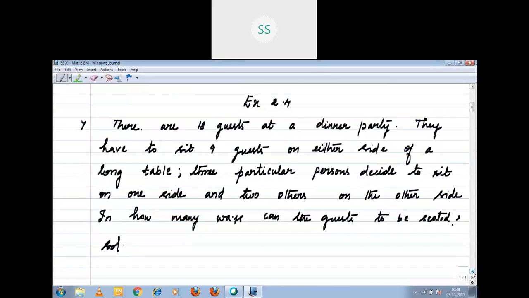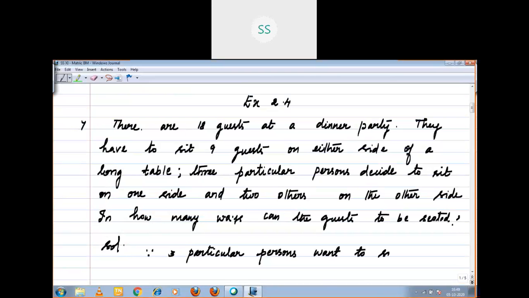So, solution. Since 3 particular persons want to sit on a particular side, either side.